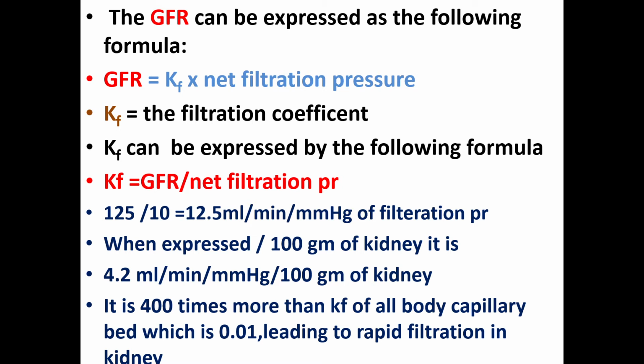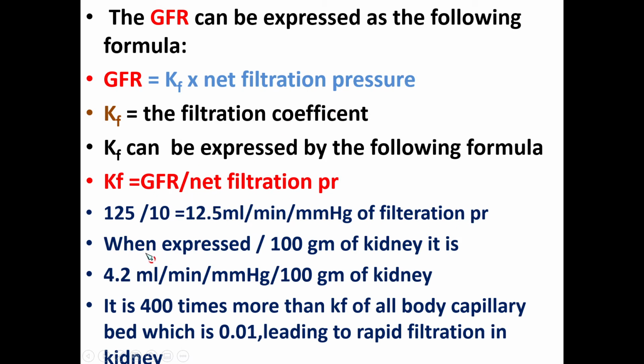We will soon see where this figure of 10 comes from. It is very important that all the filtration occurs because of a pressure difference of 10 when we look at the Starling forces, and all the reabsorption is also because of a pressure difference of just 10 millimeters of mercury. So if you divide GFR by 10, the net filtration pressure, you get 12.5 ml per minute per millimeter of mercury filtration pressure. This is your Kf, or the filtration coefficient.